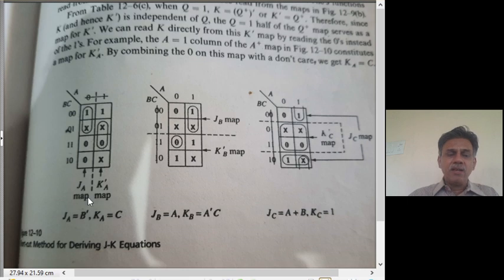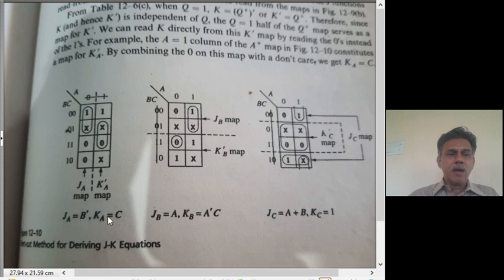You identify the A is equal to 0 part, A is equal to 1 part, first column and second column. Then mentally remove A, strike off A. Then you only read the A is equal to 0 part and simplify it and write it as JA. So mentally remove A, read the A is equal to 0 sub K map, and the expression you get is B bar, and write it as JA.